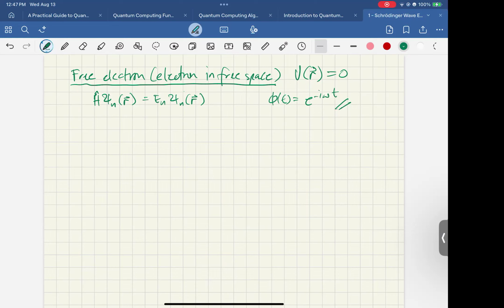So if you write out the Hamiltonian, then we can write negative h bar squared del squared psi sub n of R plus V of R psi sub n of R is equal to E sub n psi sub n of R. And as we said, the time-dependent solution is nothing but the time independent solution multiplied by exponential negative i omega.